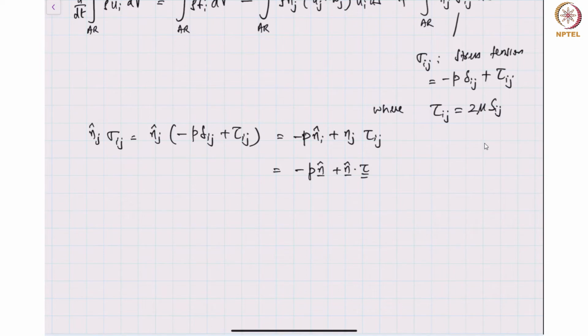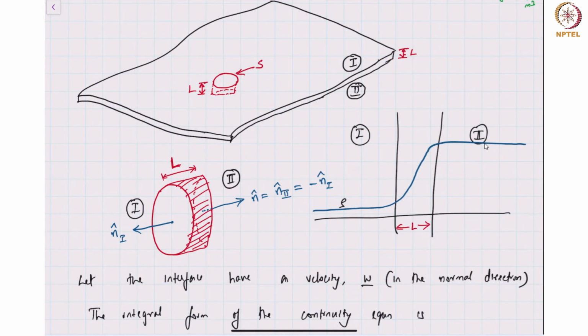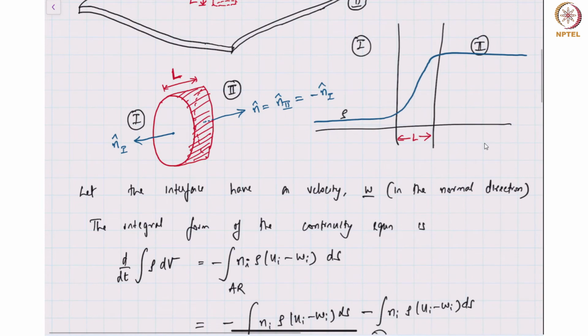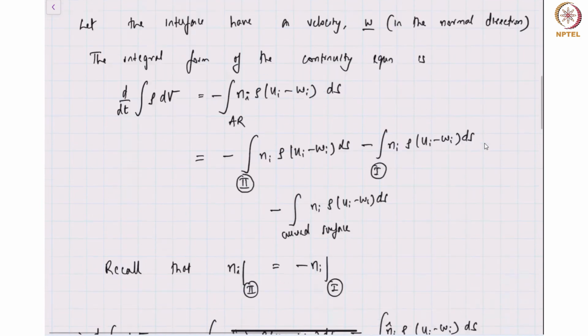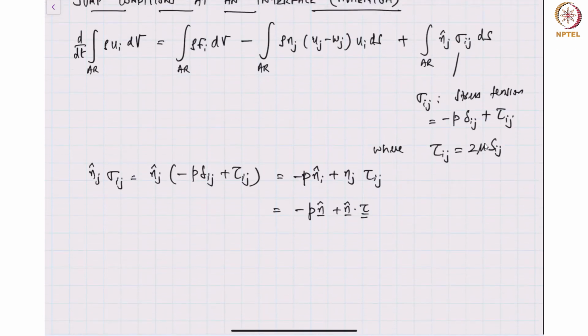Okay, now we will do the same setting that we have here. We have a volume, we have the same unit vectors. We will consider the momentum flux across this tiny cylindrical volume that we have here, and we'll shrink the volume to 0. Okay, we'll start with this equation and shrink the volume to 0, that is, as L goes to 0.